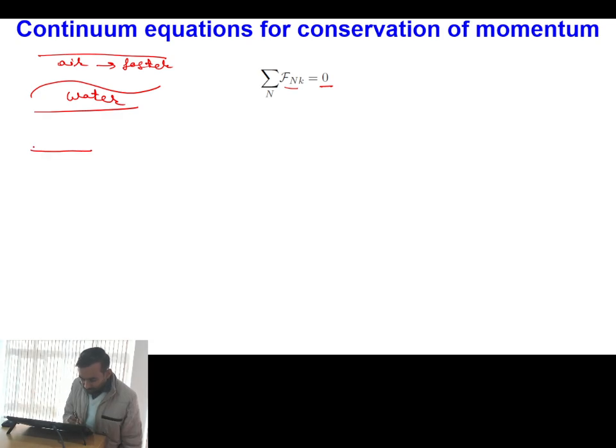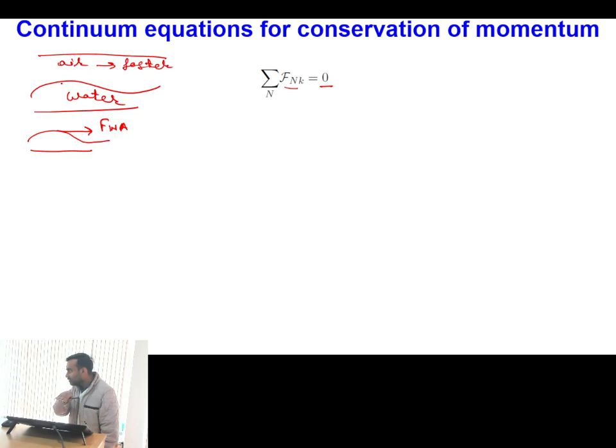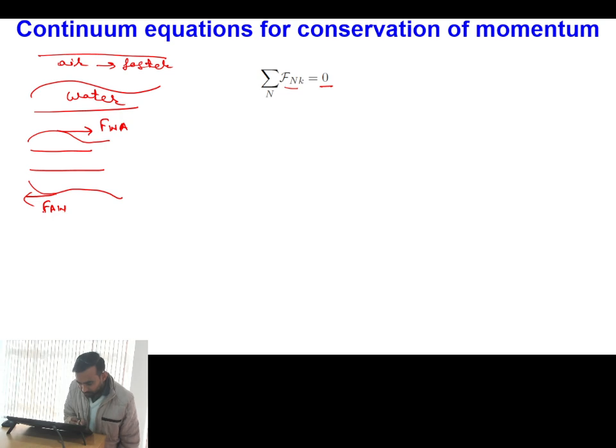So the force acting on the water boundary will be towards this side, force on water due to air. But water is moving slower, so water will try to slow down the air by the same amount of force but in the opposite direction. So on air, if I calculate the force, it will be FAW but in the opposite direction, and from here we find that FWA is equal to minus FAW.